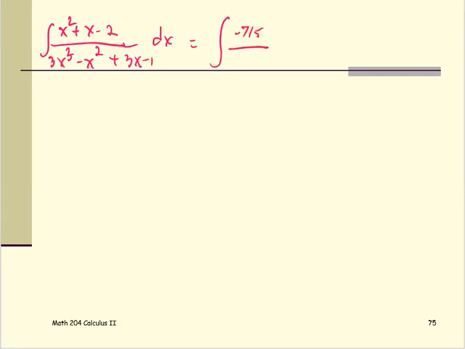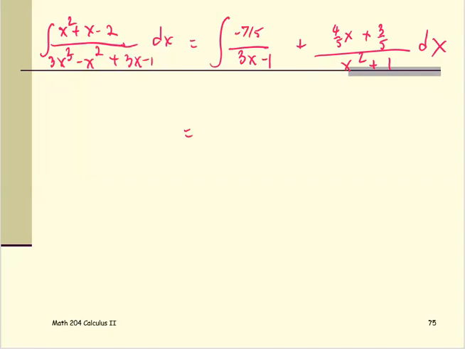Right now, the integral of x squared plus x minus 2 divided by 3x to the third minus x squared plus 3x minus 1 dx decomposed into the integral of A, which is negative 7 over 5, divided by the quantity 3x minus 1, plus B, which is 4 over 5, times x plus C, which is 3 over 5, all divided by the quadratic factor, which is x squared plus 1, with respect to x. It doesn't look pretty, but it can be done.